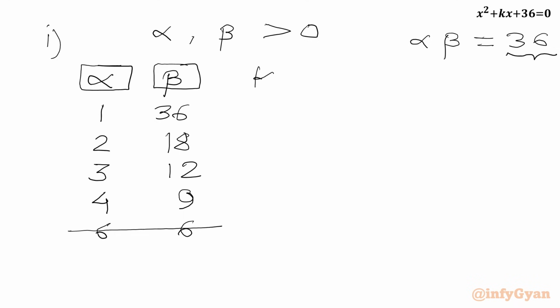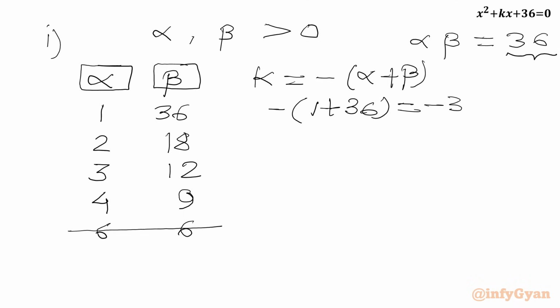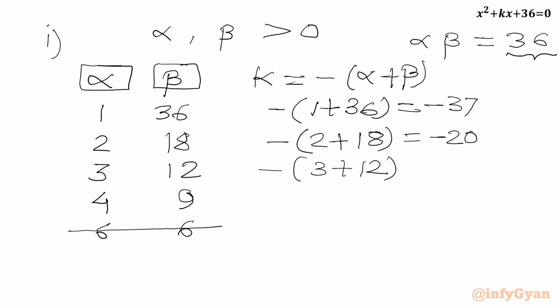Now we have to calculate the value of k, which is equal to minus of alpha plus beta. So minus of 1 plus 36 is equal to minus 37. Minus of 2 plus 18 is equal to minus 20. Minus of 3 plus 12 is equal to minus 15.